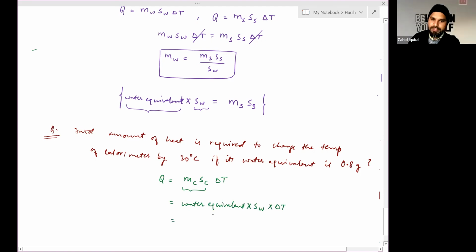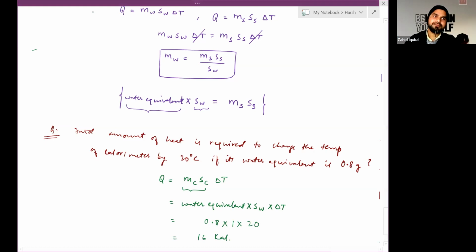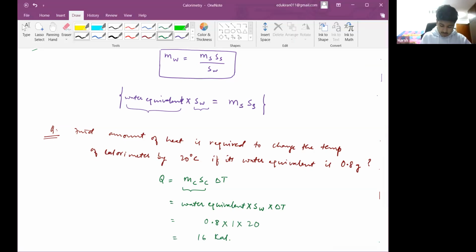So in place of water equivalent we have 0.8, multiplied by the specific capacity of water, 1, and the change in temperature, 20. So 8 into 2, it will be 16 calorie. Any doubt? No, sir. Okay.